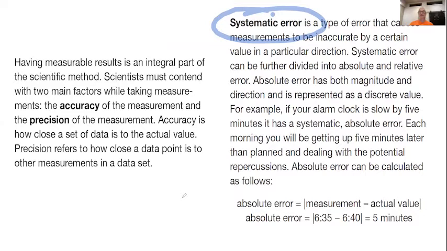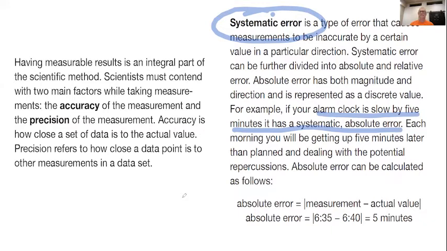The example given in the pre-lab here is an alarm clock that's slow by 5 minutes. It's the same 5 minutes every day. It's always 5 minutes slow. To correct that particular error, you would set it properly. But sometimes you just go, I know it's 5 minutes slow. It's fine. So you have an error, you're living with it.